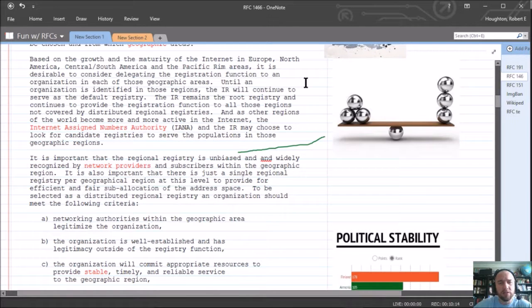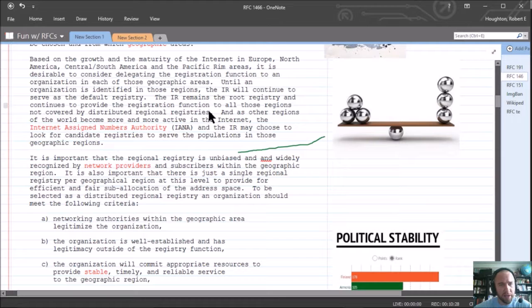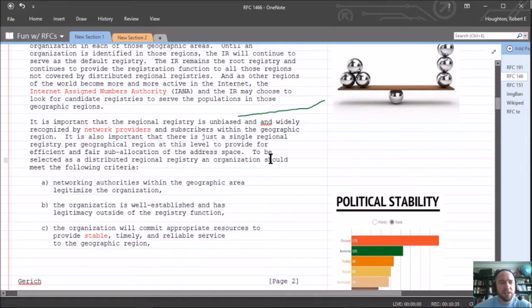The IR remains the root registry and continues to provide the registration function to all those regions not covered by distributed regional registries. And as other regions of the world become more and more active in the Internet assigned numbers authority, IANA, and the IR may choose to look for candidate registries to serve the population in those geographic regions.